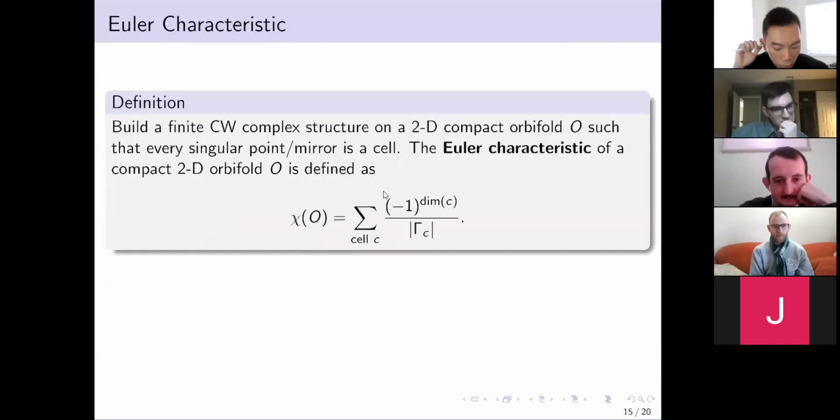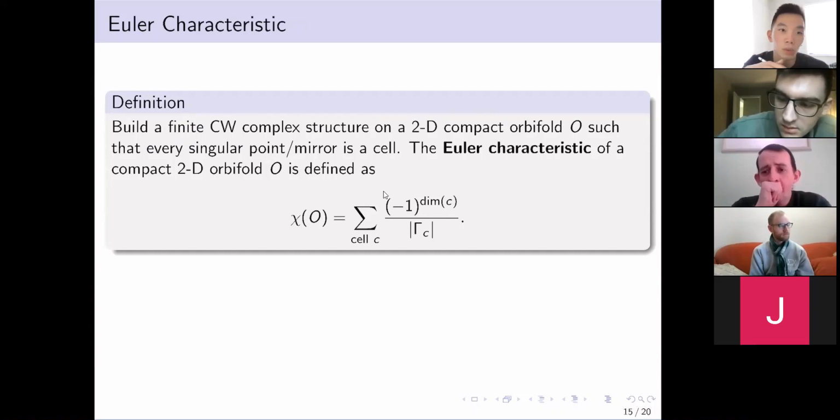So there's also this notion of Euler characteristic. So we know the topological Euler characteristic of some topological space or CW complex in general. And this can be defined when it's compact. So now I'm restricting myself to just two-dimensional compact orbifolds. And then I endow this with some finite CW complex structure.